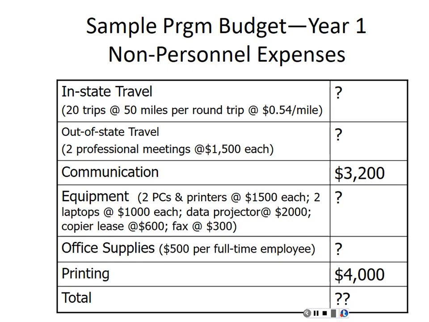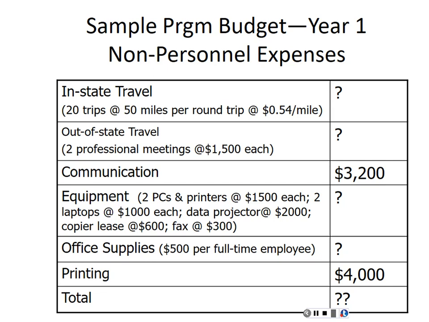Okay? When we're traveling within Tennessee, let's say from Johnson City to Nashville, the capital city, which we do all the time, or from Kingsport to Knoxville for meetings with our partners, or from Johnson City to Kingsport to meet with the health department folks there, we calculate travel based on mileage. Okay?